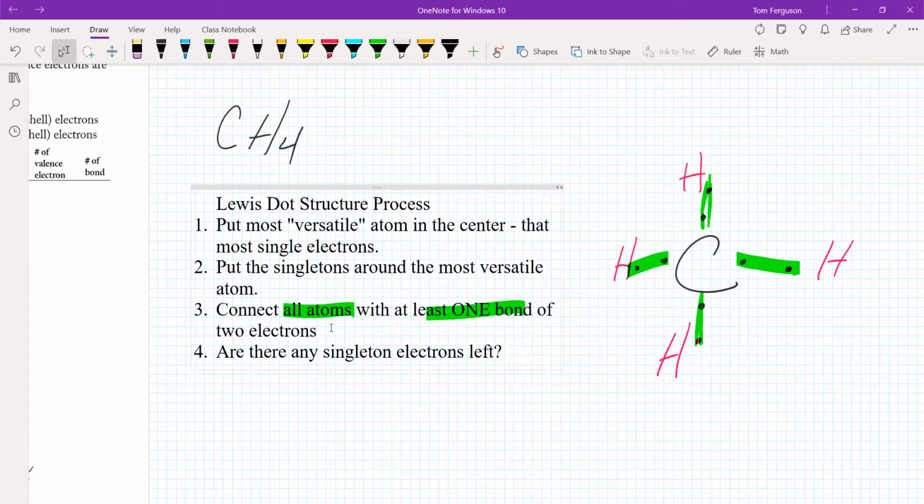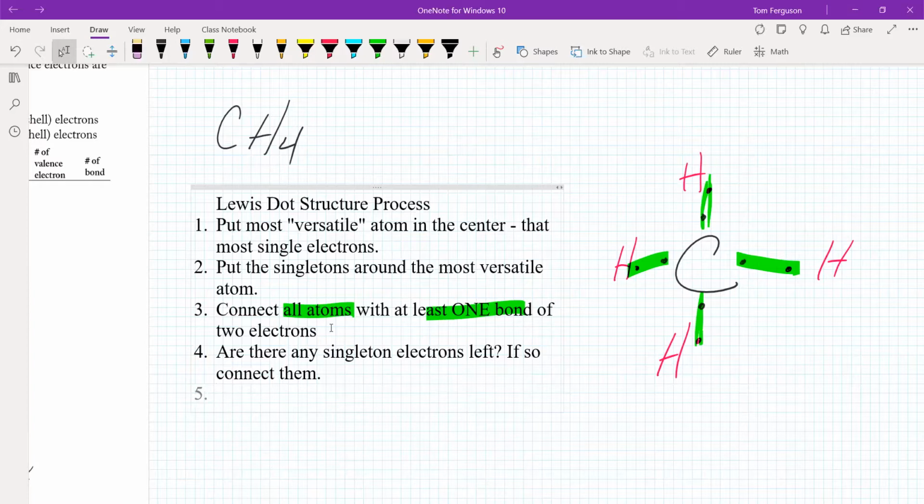Are there any singleton electrons left over? Are there any non-bonded single electrons left over? No. If so, connect them. But we don't have any, so we're not going to worry about it.